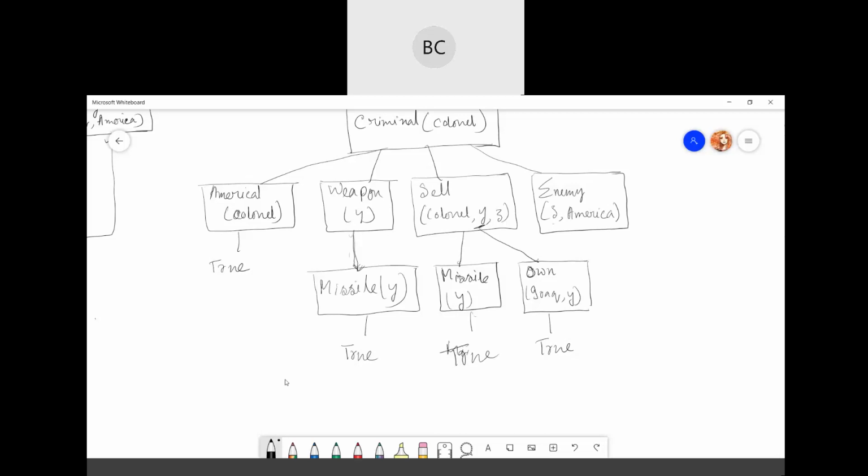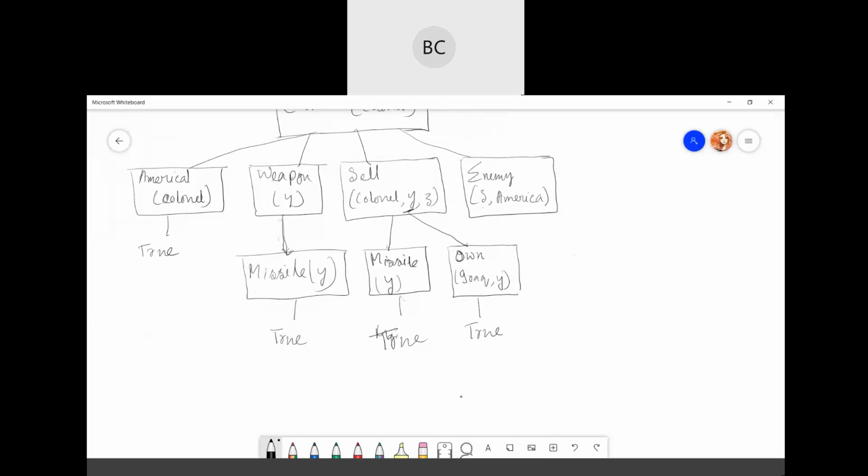Or you can simply make another step here to substitute Z with Iraq. So you can just write enemy Iraq and America. Okay, this is also fine. So here you are substituting Z with Iraq. From here you just deduce enemy Iraq America. So perfectly fine. This part is also true now.